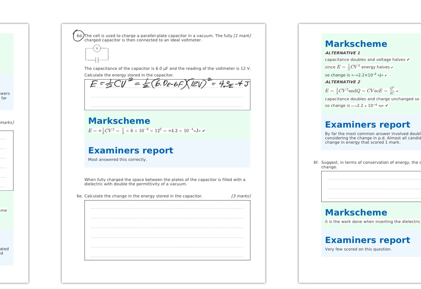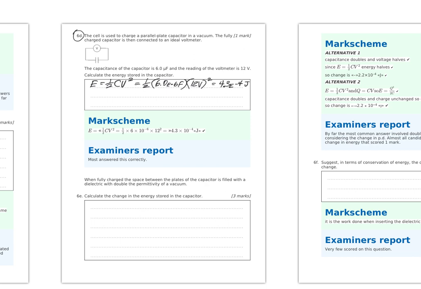So if Q is constant and C is doubled, since C is Q over V, then the voltage must halve as a result. And that affects the energy because energy is dependent on both the capacitance and the voltage.